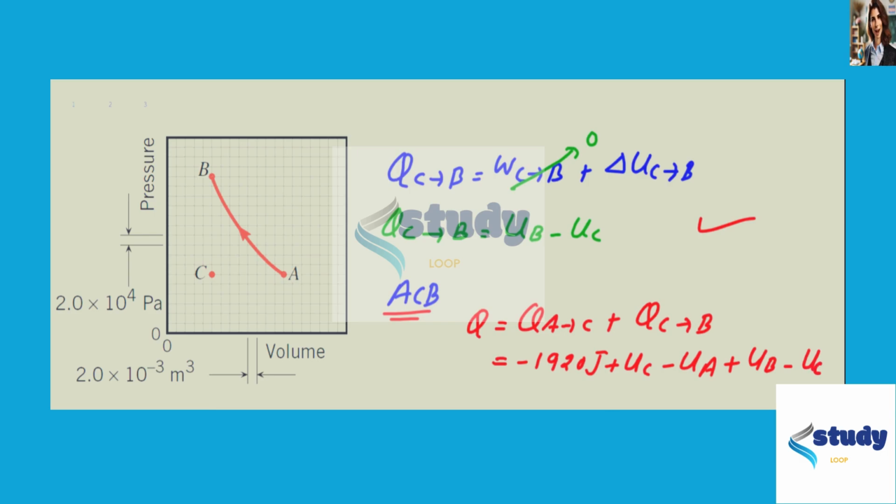So here internal energy at point C is positive, and internal energy at point C is negative. So these both will be cancelled.